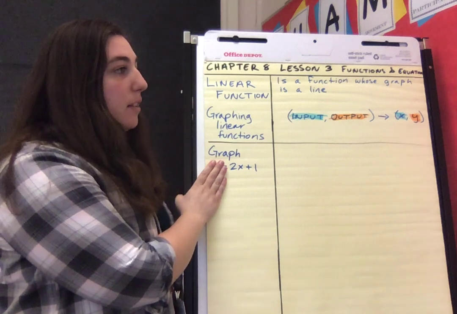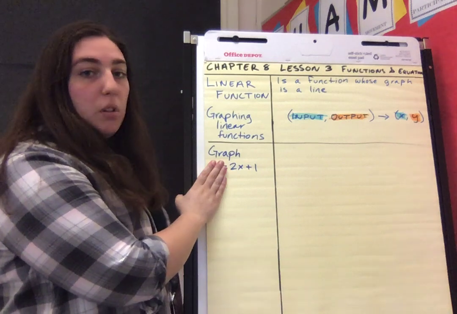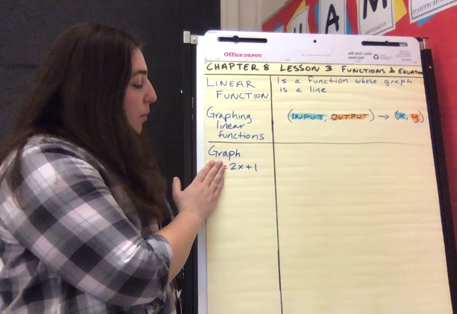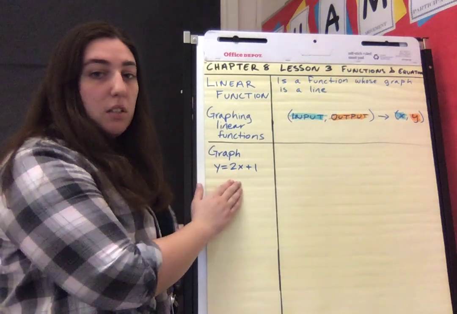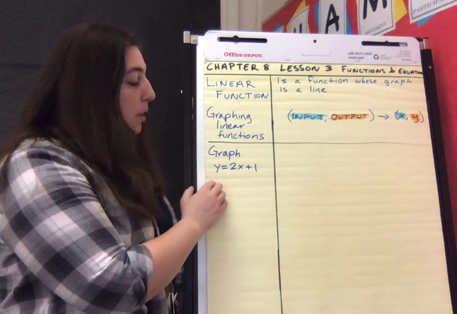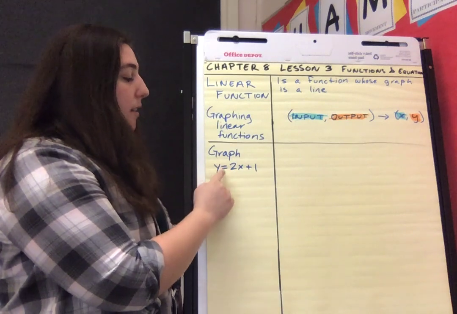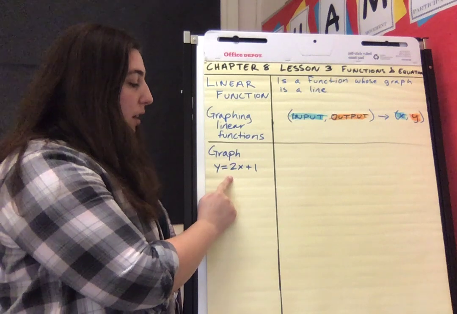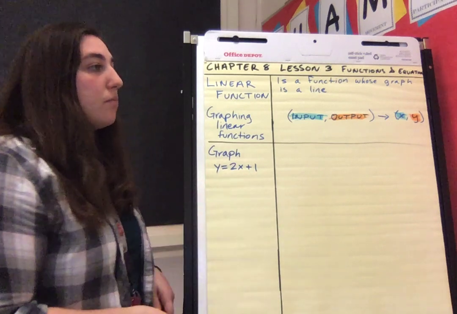And we've been practicing writing rules from sequences or tables. And so when we add this y equals, it makes this rule an equation, because we have both sides of the equation, and this is saying that y is equal to 2x plus 1, and 2x plus 1 is equal to y. Okay, so this is an equation.